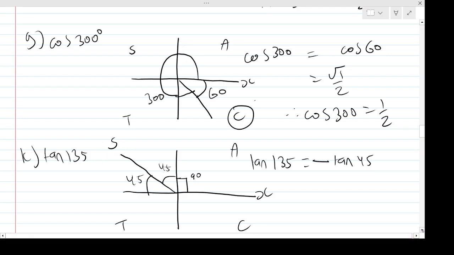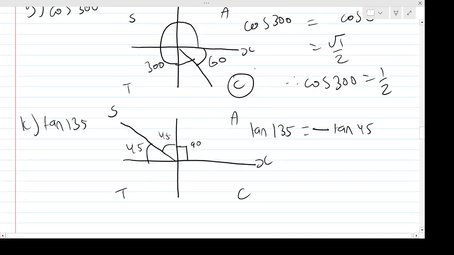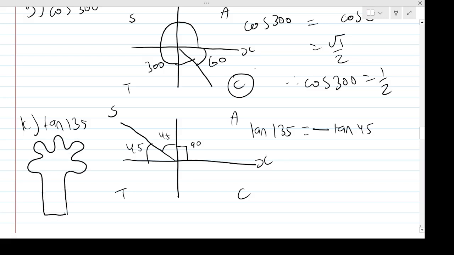To find tan 45, if I do a little hand over here, that'd be 0, that'd be 30, this will be 45, this will be 60, and that'll be 90. Remember with tan, we do sine over the cos. Firstly we need sine.